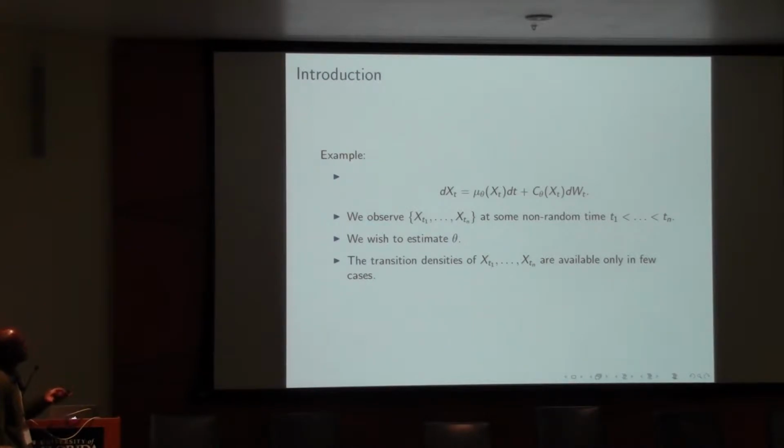In most cases of interest, the transition density is intractable. You could use the Markov property to go from T1 to T2, but these transition densities are intractable most of the time.